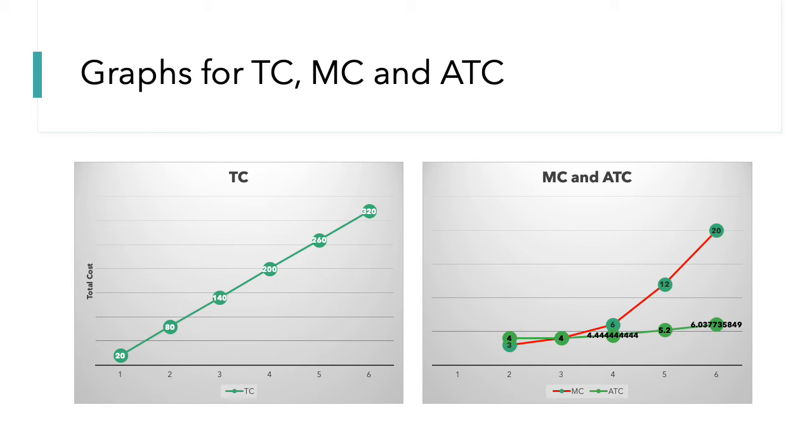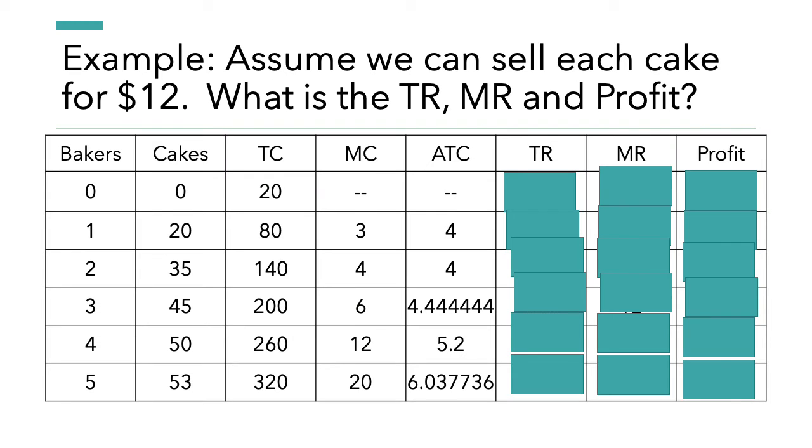The marginal cost starts off a little flat and then gets steeper and steeper. Now, one very important condition is that the marginal cost curve cuts through the average total cost curve at its minimum point.